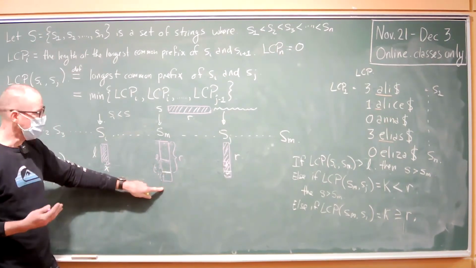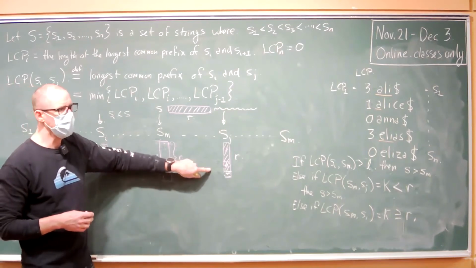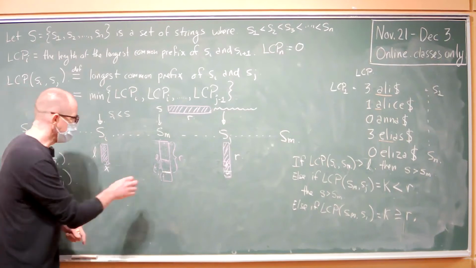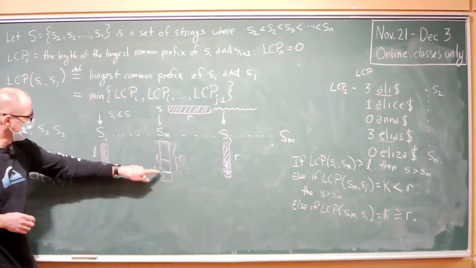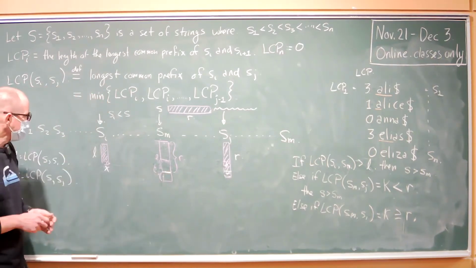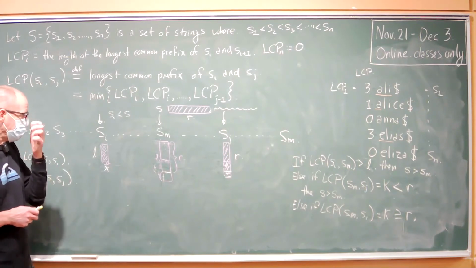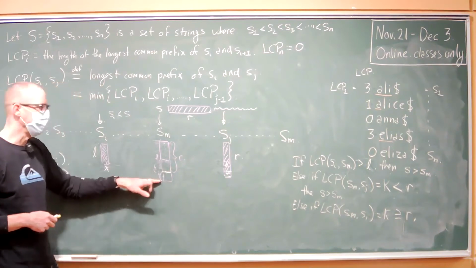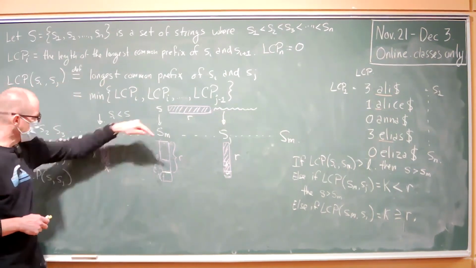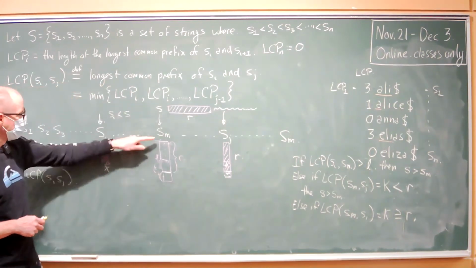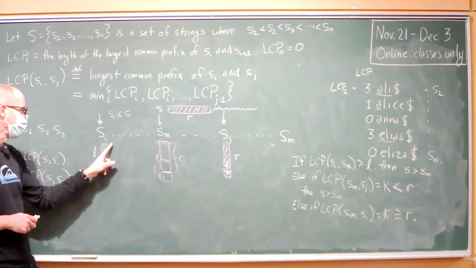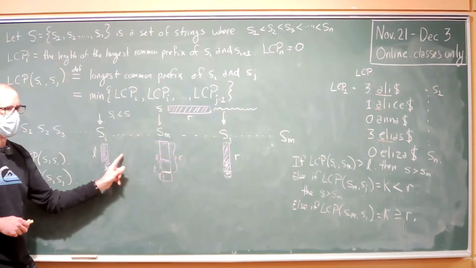Now I don't know if the search is going to go on this side or on this side, but it doesn't matter because the number of characters I had to look at was T, and in either case, the length of one of these two things goes up by T. So if I recurse on this side, it's great. It goes up by even more than T. But even if I recurse just on this side, then the one on the right increased by T.